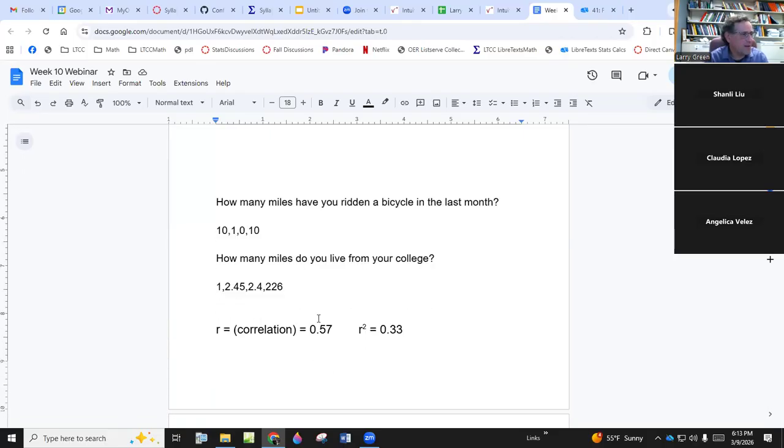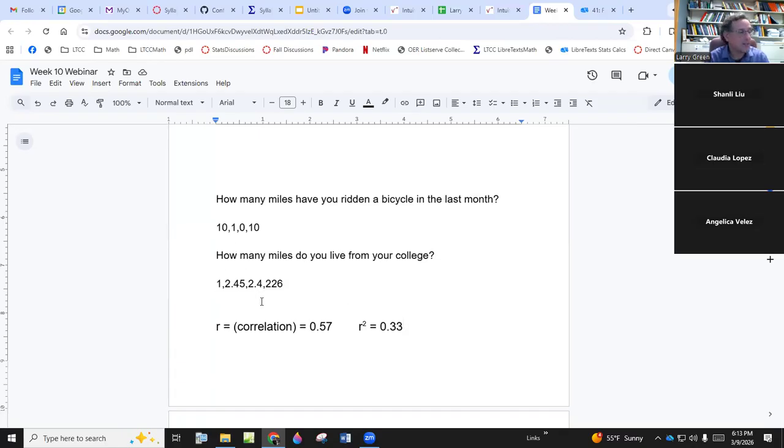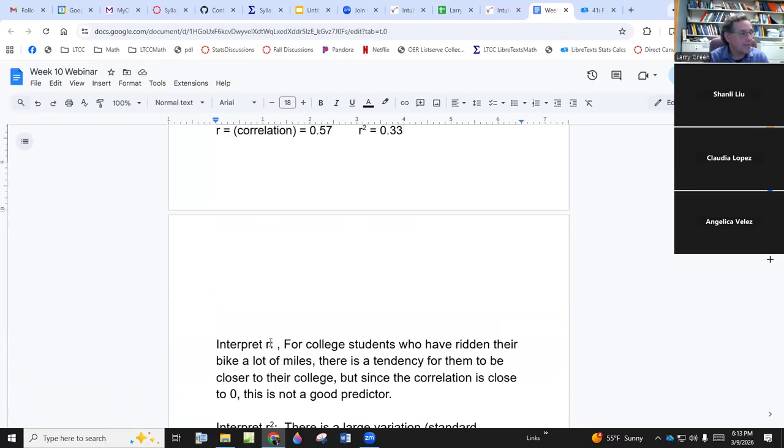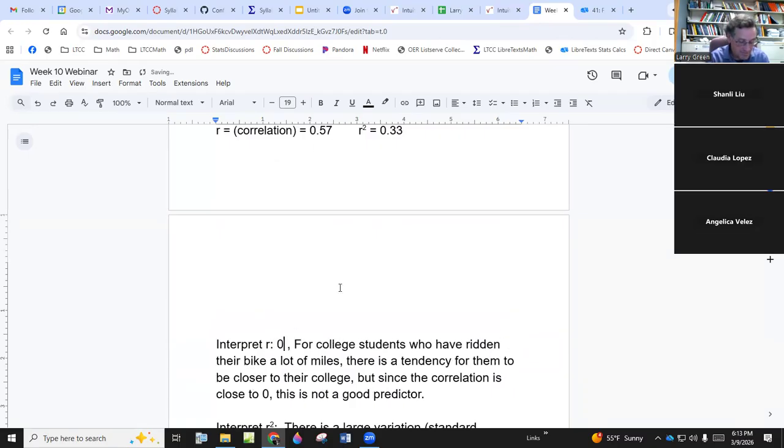Okay, so now let's talk about what these things mean. And here's what we have. So again, R was 0.57. When I prepared, I obviously did not know what R was going to be. Okay.